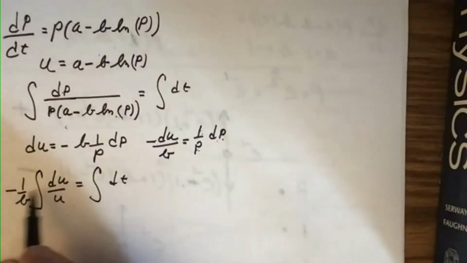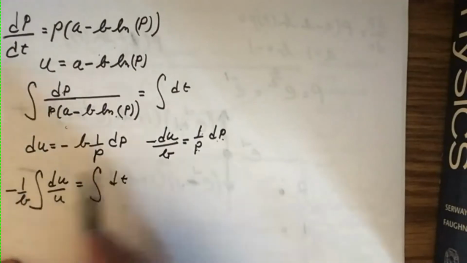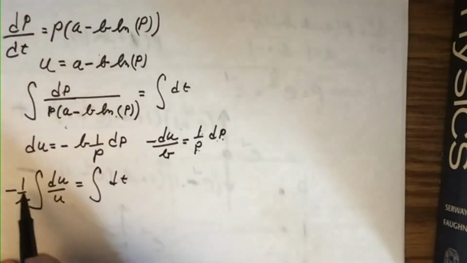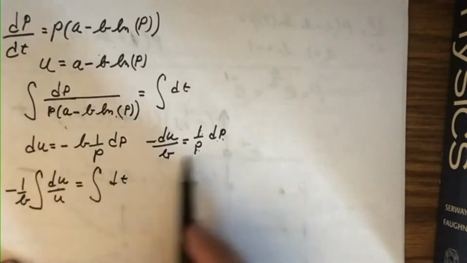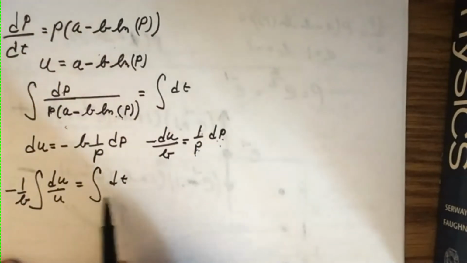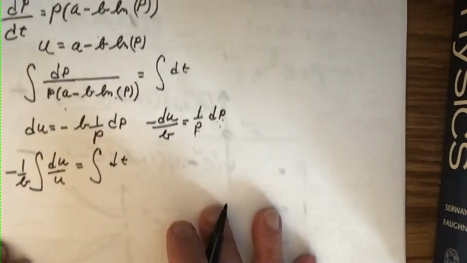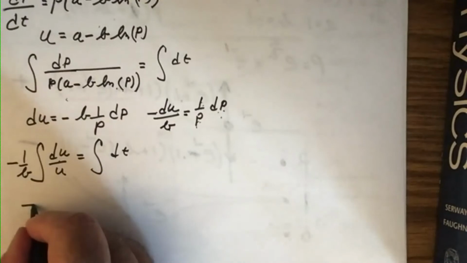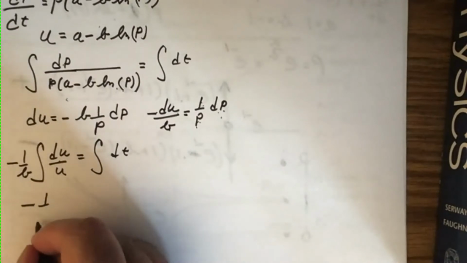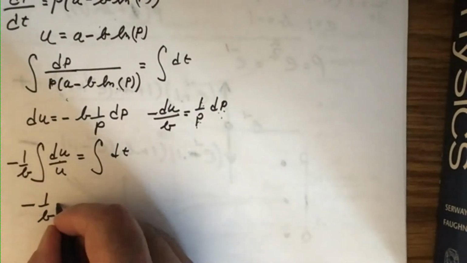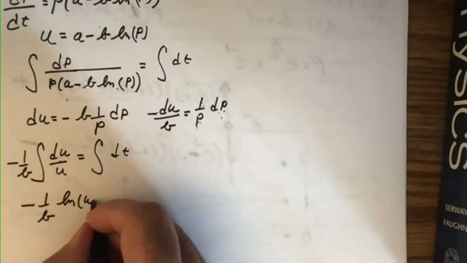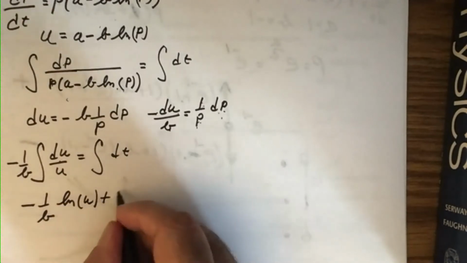So this minus 1 over b du is replacing the 1 over p dp. Let me know if I go off. This becomes minus 1 over b times the natural log of u.